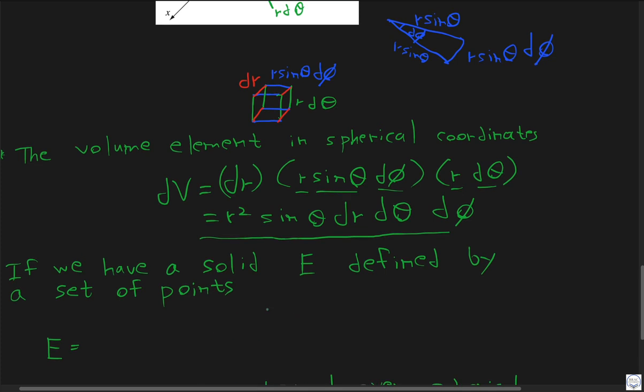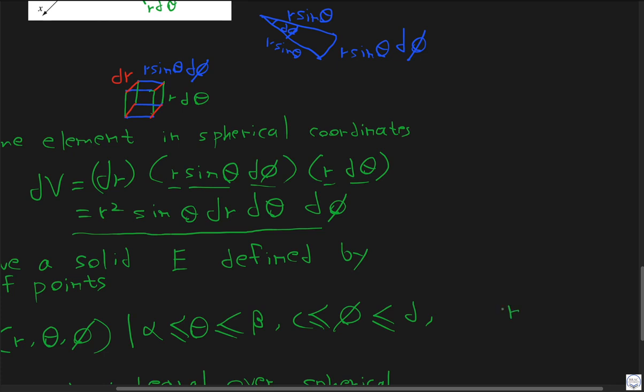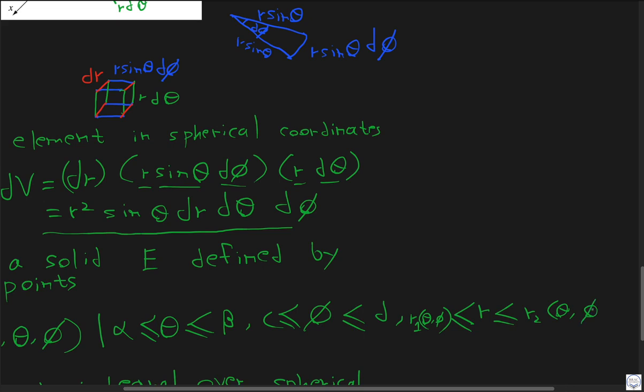coordinates. Next, if we have any solid E defined by a set of points in spherical coordinates r, theta and phi, where theta is bounded between alpha and beta, where alpha and beta are some constants, phi is bounded between some constants c and d, and r is bounded between a function r sub 1, which is a function of theta and phi, and r sub 2, which is also a function of theta and phi, which is greater than r sub 1 for all the points.